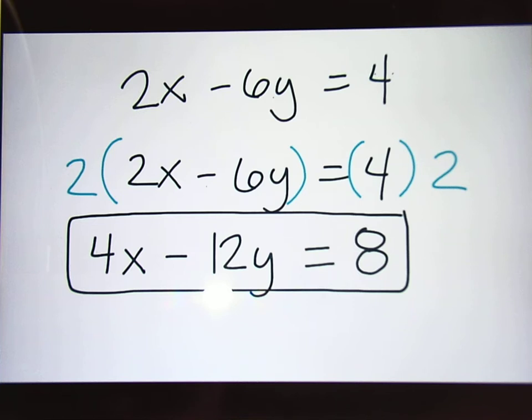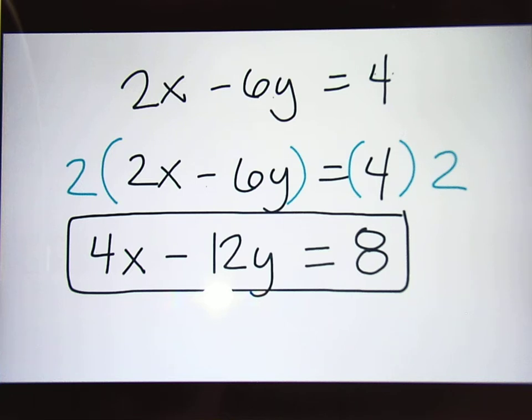So here I have the original equation, 2x minus 6y equals 4. And as step 2 stated, we're now going to multiply the left side by 2 as well as the right side of the equation by 2.